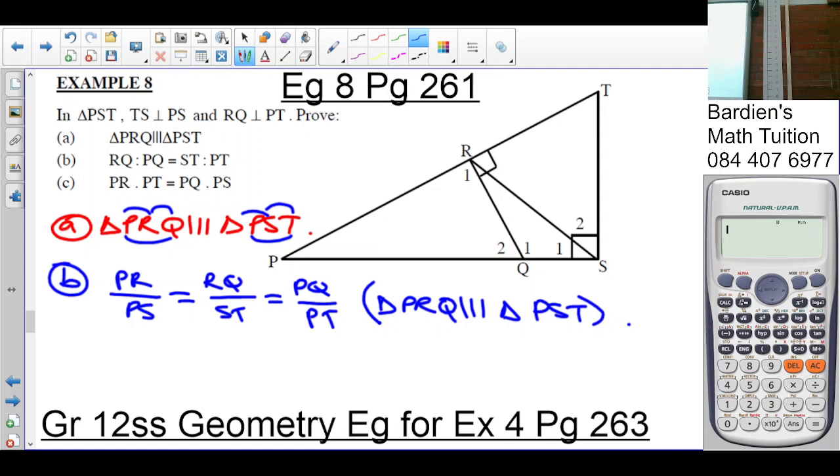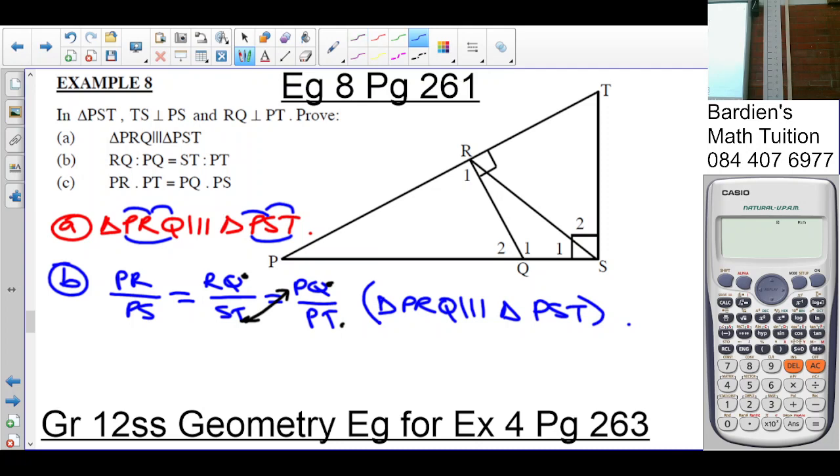Now we look at what they want. RQ, where's RQ? Yep. They want PQ, yep. They want ST, yes, and PT. Can you see that? So what can we say from here? So is RQ over PQ? No. So I can interchange that. Remember when we did that cross multiplication, all that?